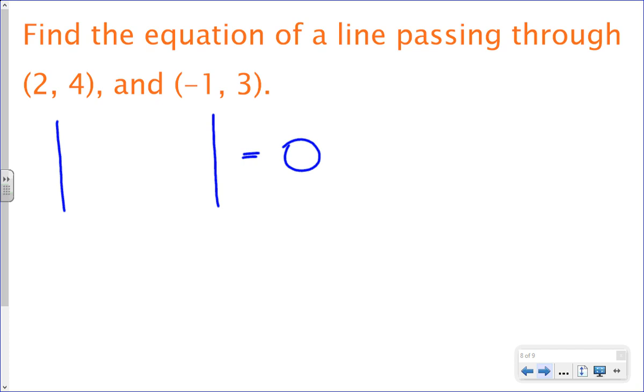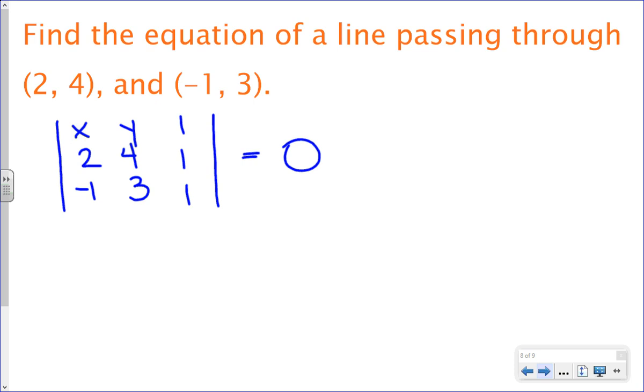So what we're going to do is pick a generic coordinate, X, Y, and then our 2 coordinates 2, 4, and -1, 3. Why did I pick the generic coordinate X, Y? First of all, we're writing the equation of a line, so we need an X and a Y. Second of all, we need 3 coordinates to fill in this determinant.